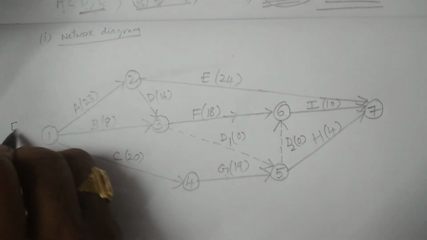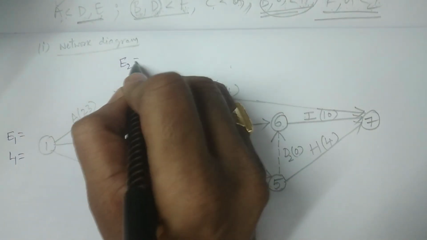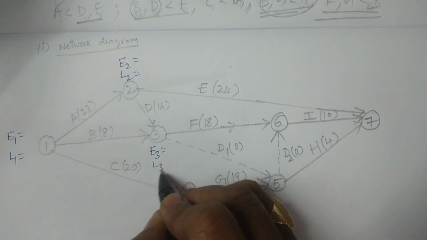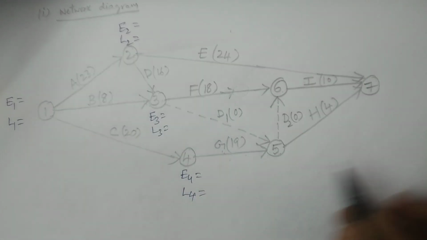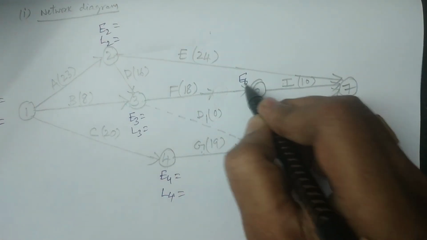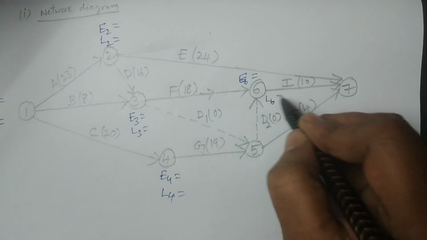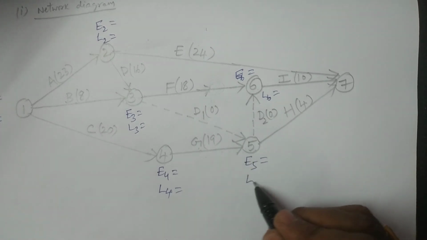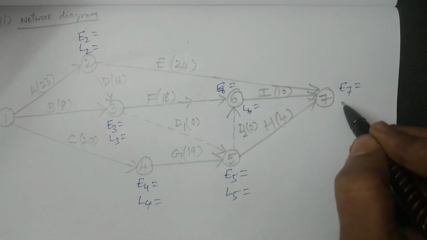So I'm considering E1, L1 at the node, at the event; E2, L2 at the event; E3, L3 at the event; E4, L4; E6, L6; E5, L5; and E7 and L7.